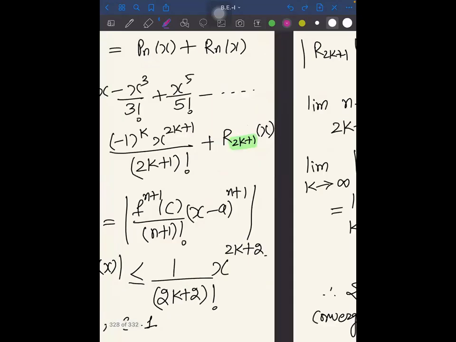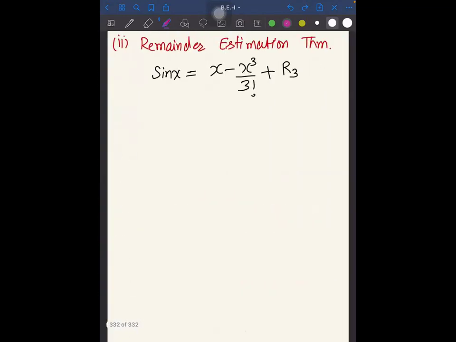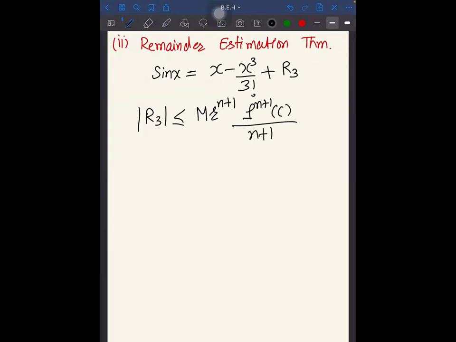That's why I'm writing it in this way. Are you with me on this? So now if you see this, your mod of R3 would be less than or equal to M times the mod of x to the n plus 1 over n plus 1 factorial, where M bounds the absolute value of the n plus 1 derivative at c. That's what we have done, right?